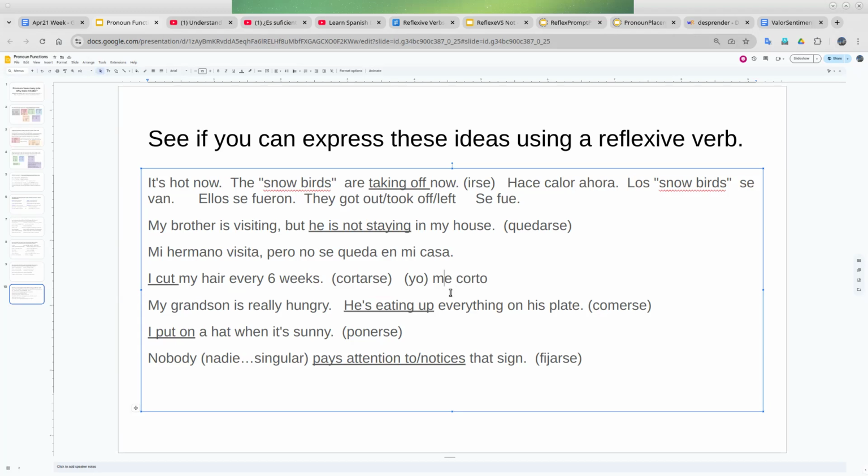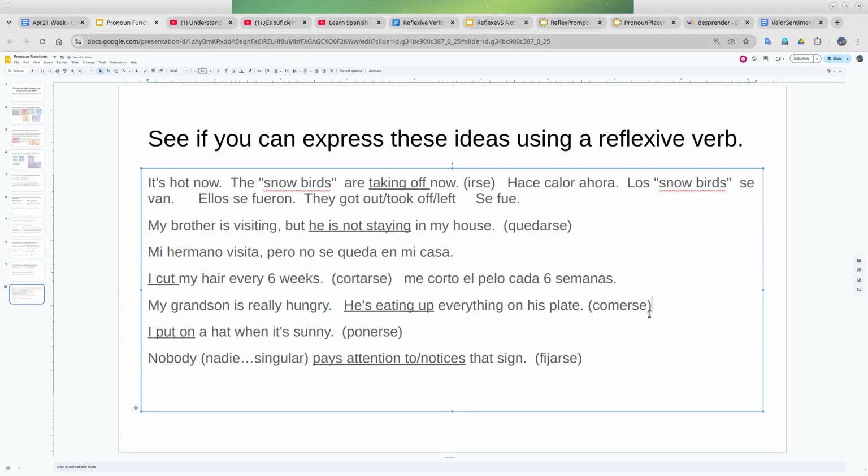But usually they're not going to include the yo because the me corto is enough. It's the shortest way to say it. And we don't need a yo because corto is already in the yo form. Me corto el pelo cada seis semanas.